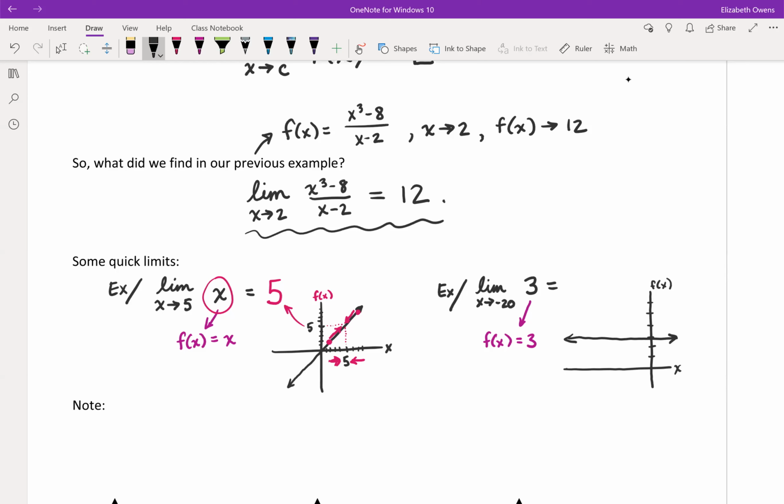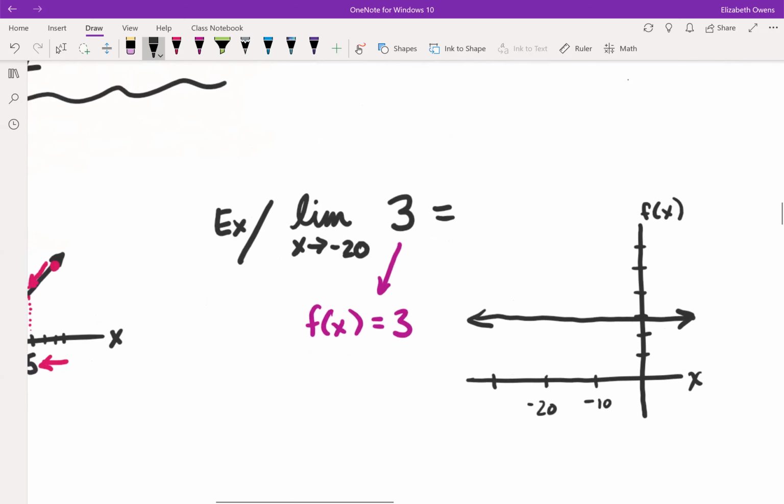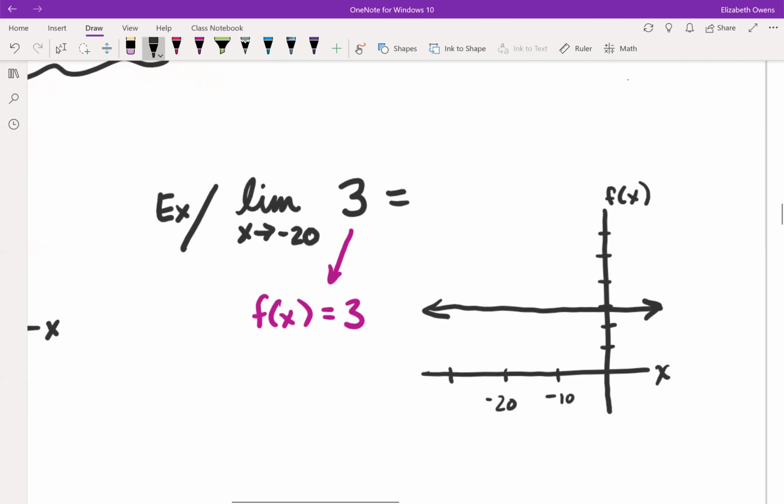It's a constant function all the way across. And we want to see what happens as x gets close to negative 20. I'm just going to say this is negative 10, and then this here is negative 20, just to make our x-axis a little more compact. So let's zoom in on this and see what's happening.